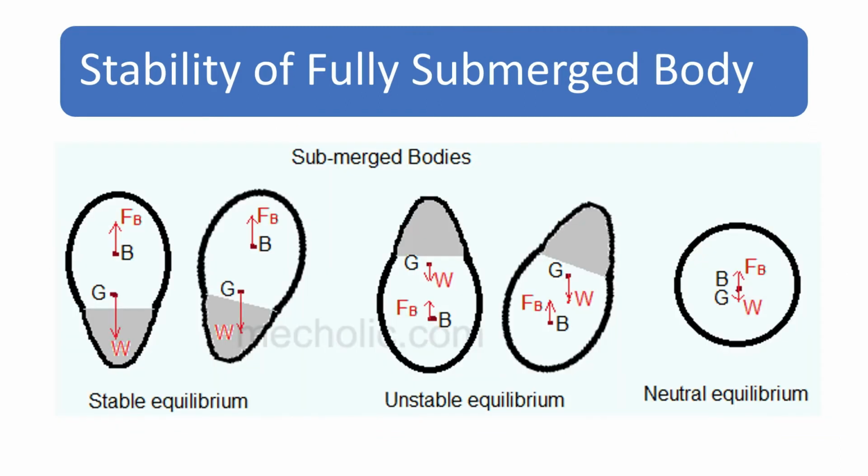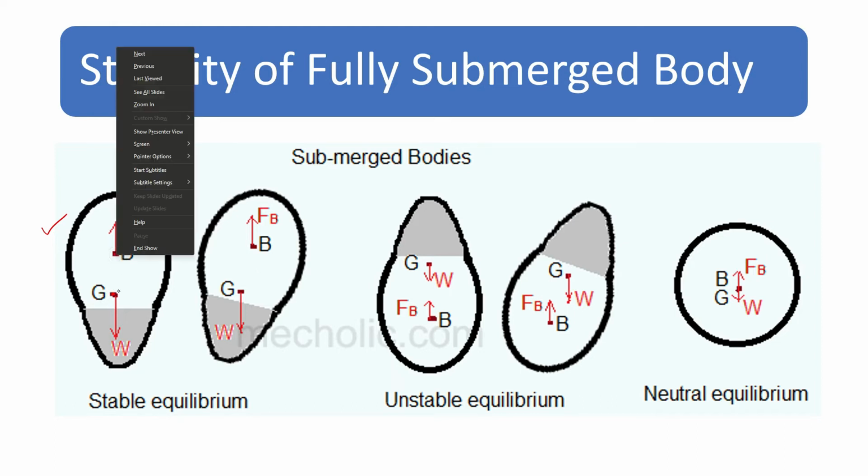Now let us see the stability of a fully submerged body. What is the condition for the stability? You can see here the figure on the left side. The center of gravity is here and the center of buoyancy is here.